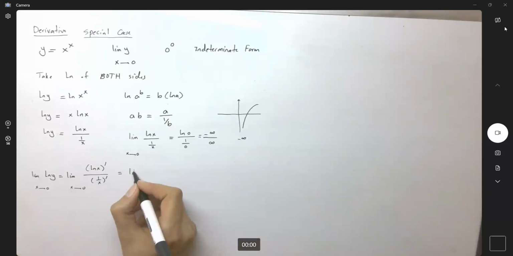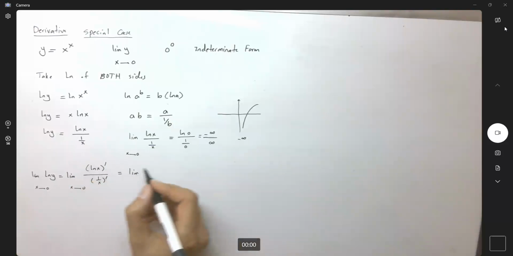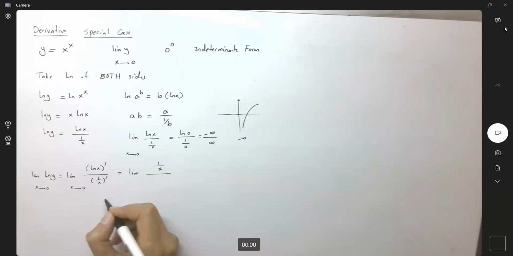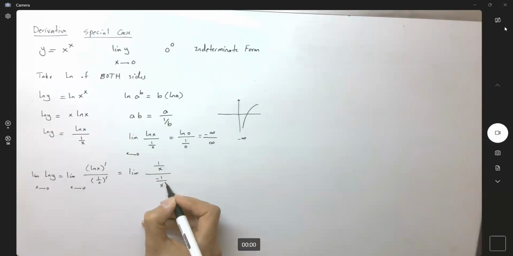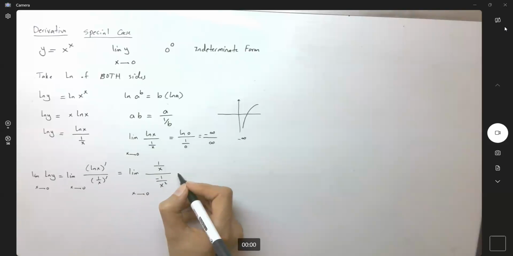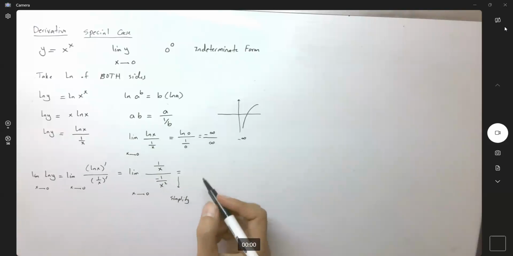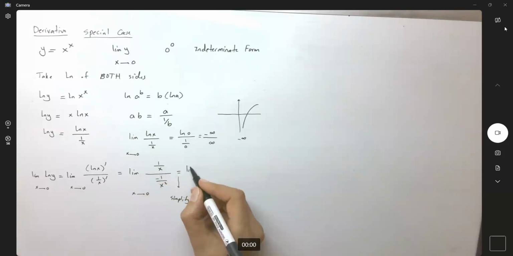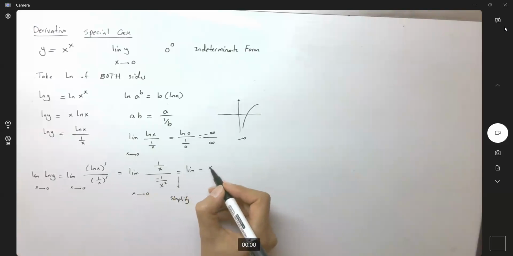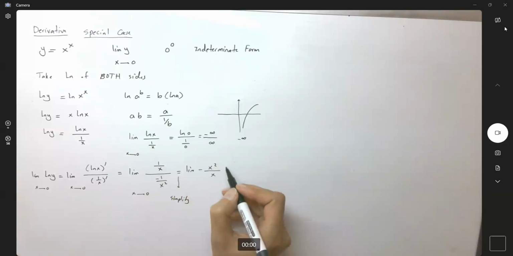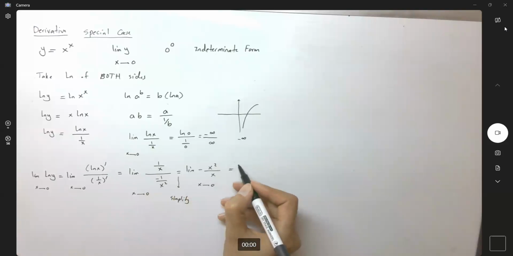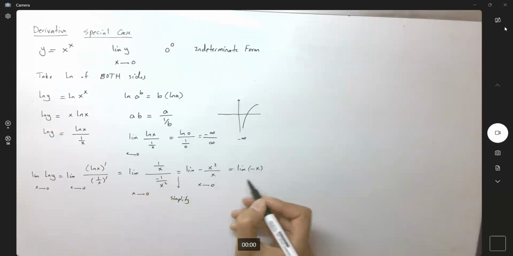This is equal to the limit of the derivative of ln of x, which is 1 over x, divided by the derivative of 1 over x, which is negative 1 over x squared, as x goes to 0. Let us simplify this before taking the limit again. So you can flip x squared, you get negative x squared divided by x as x goes to 0, which is the limit of minus x as x goes to 0, which is nothing but 0.